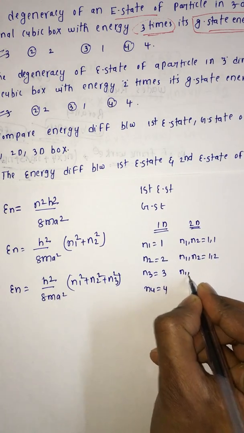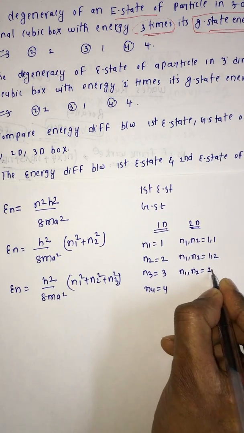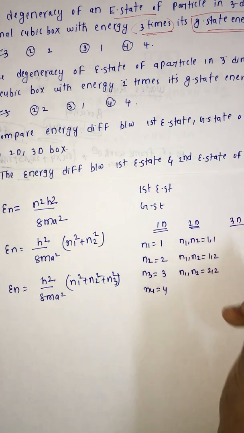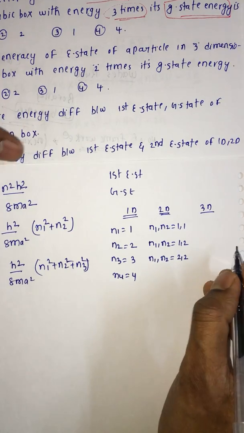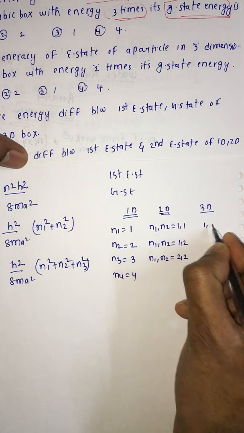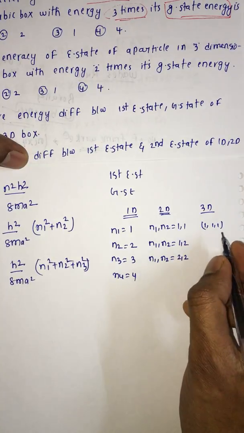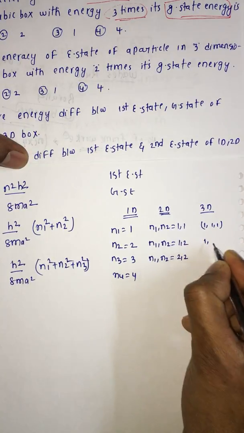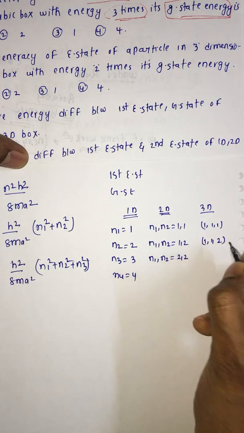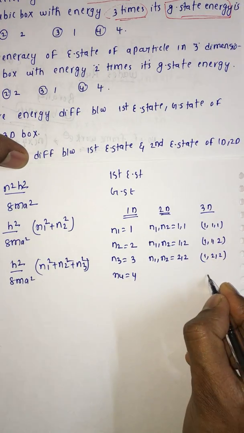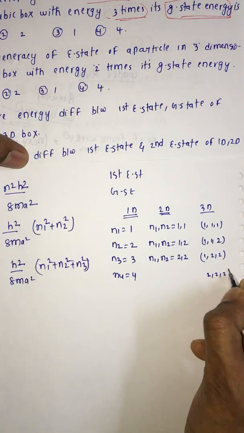And the second excited state will be 2 and 2. And for the 3D box, the ground state has all terms 1 1 1, nx ny nz. The first excited state is 1 1 2, the second excited state 1 2 2, and the third excited state 2 2 2, like this.